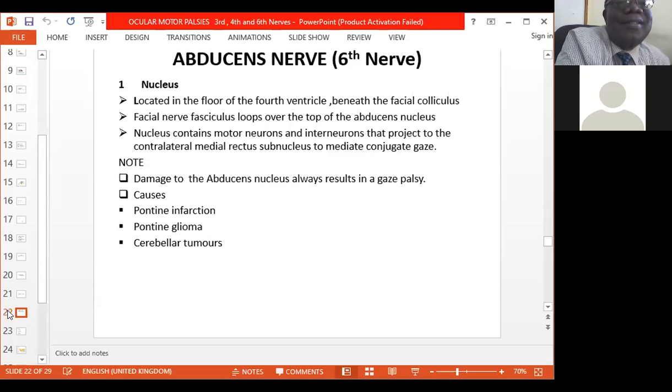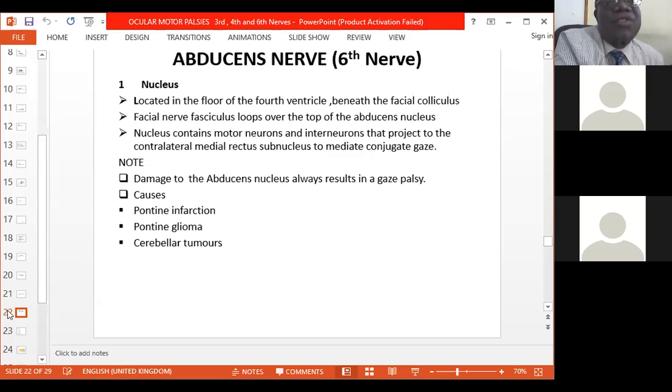Okay. That project to the contralateral medial rectus and subnucleus to mediate conjugate gaze. Damage to the abducens nucleus always results in a gaze palsy. You can't look there or look there because this muscle is for abduction, abducens. And when there is damage to the abducens nucleus, it always results in a gaze palsy, causes pontine infarction, pontine glioma, which is a tumor on the pons, and cerebellar tumors.